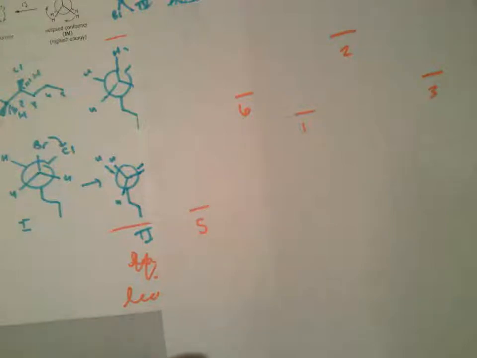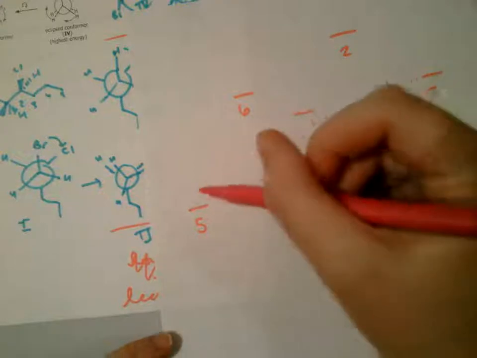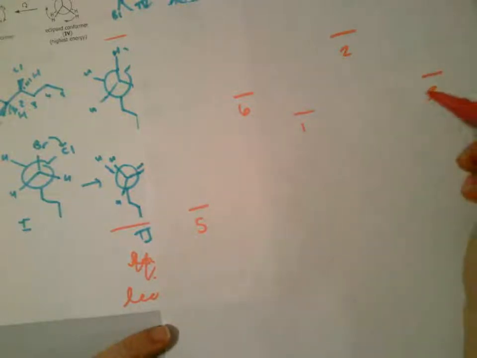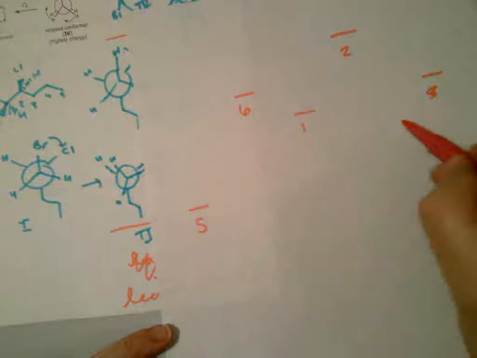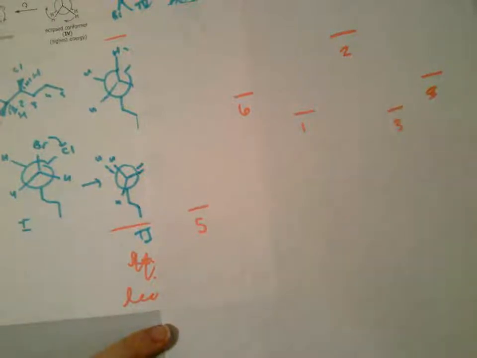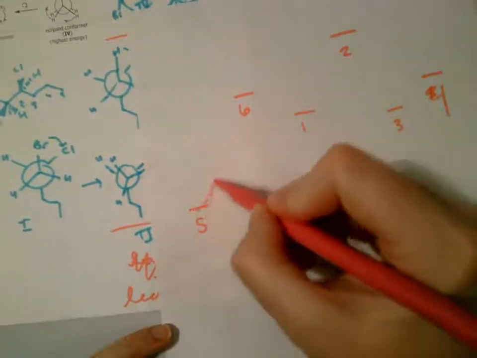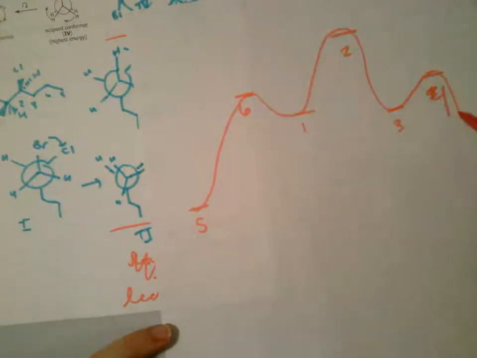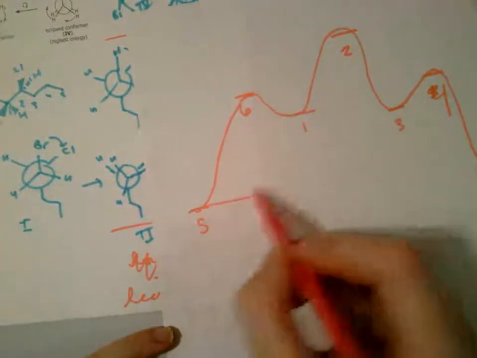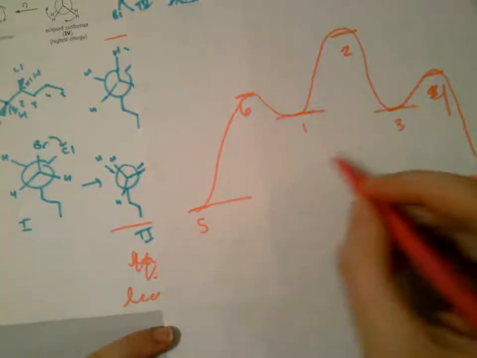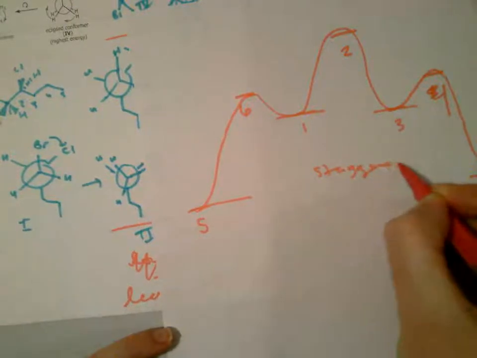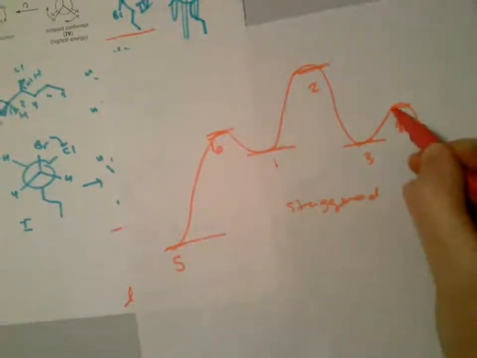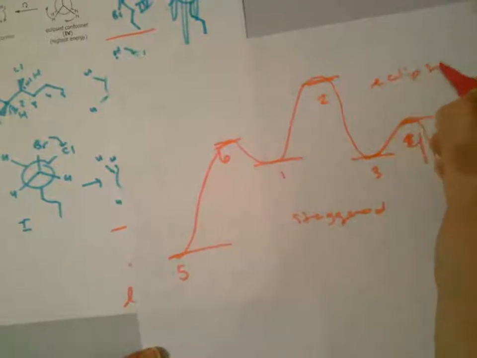And then 3 would be a little bit lower, closer to 1. And I think then this would be 4. So you can kind of see the pattern where the lowest ones are the staggered and the highest ones are the eclipsed.